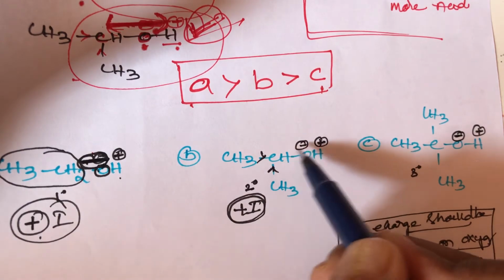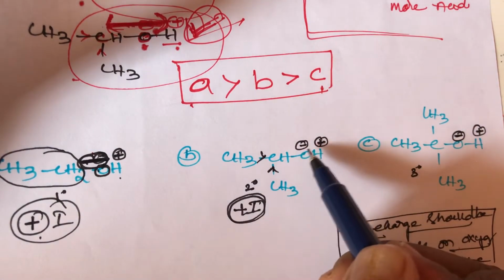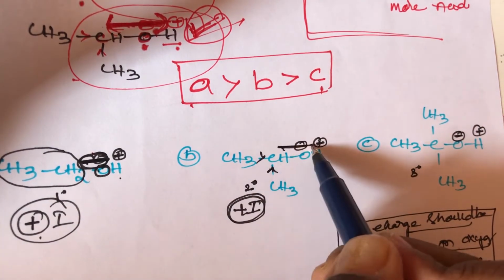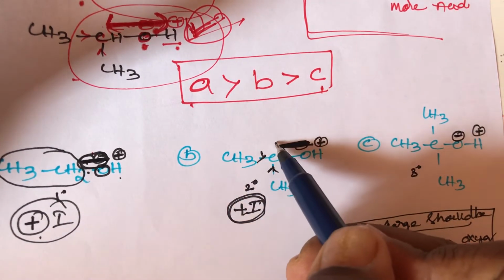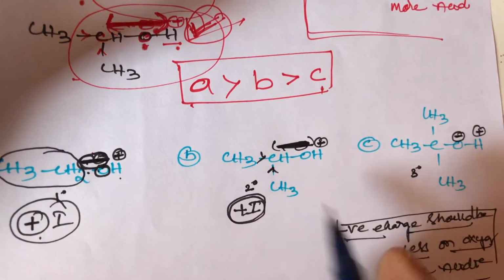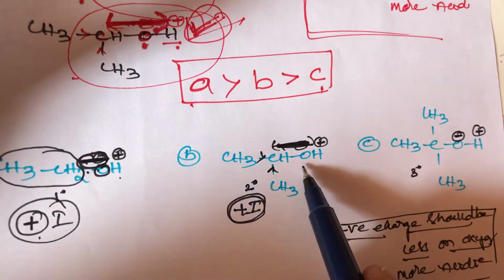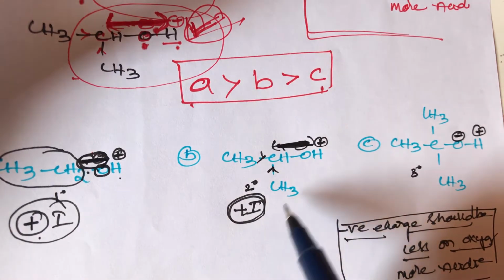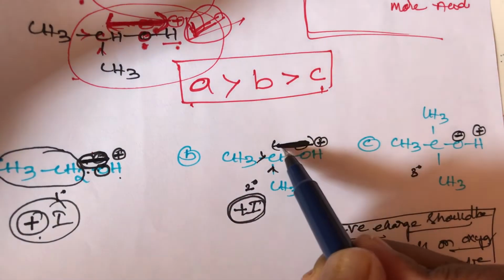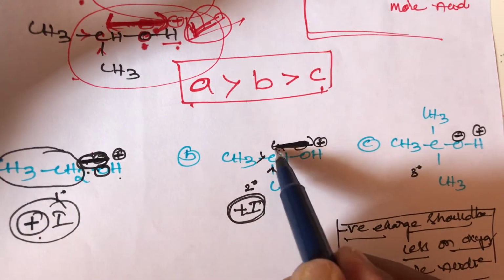The isopropyl group is more releasing than the ethyl group, so there is more density on oxygen.